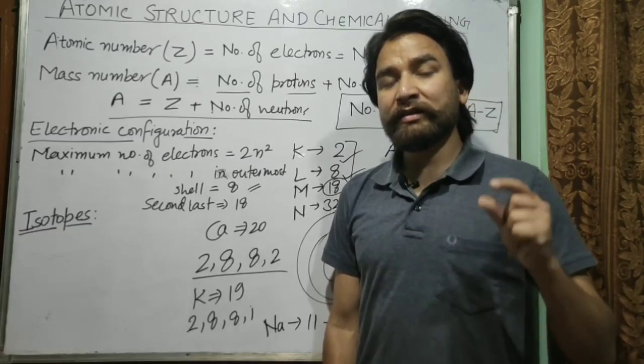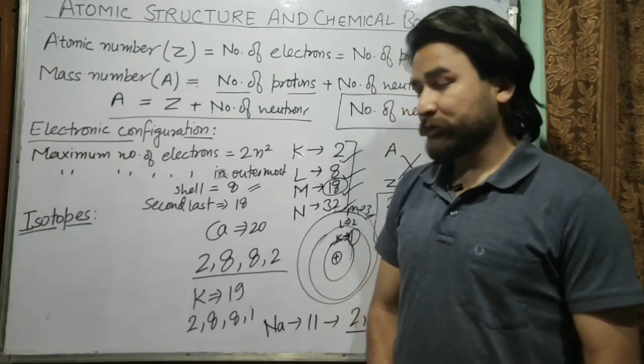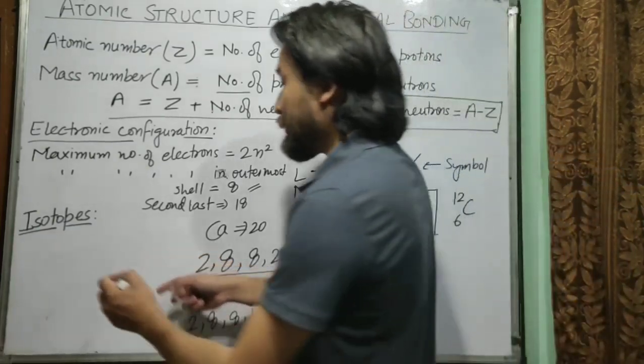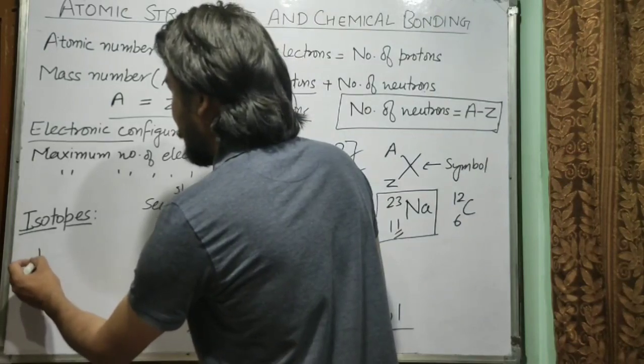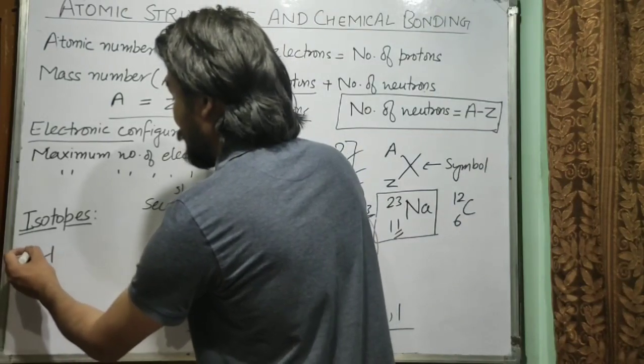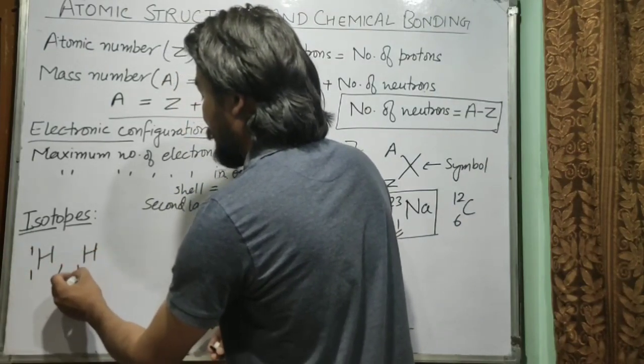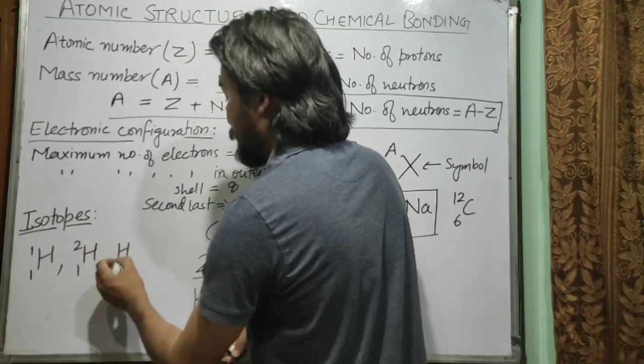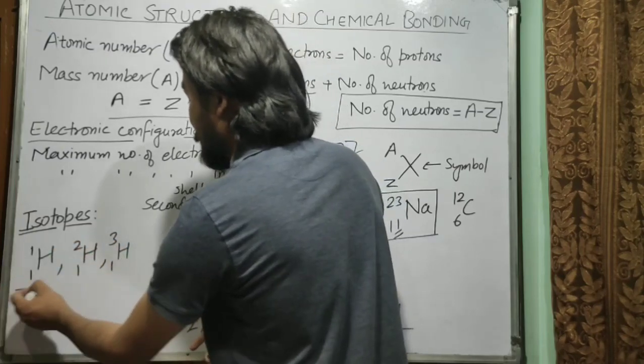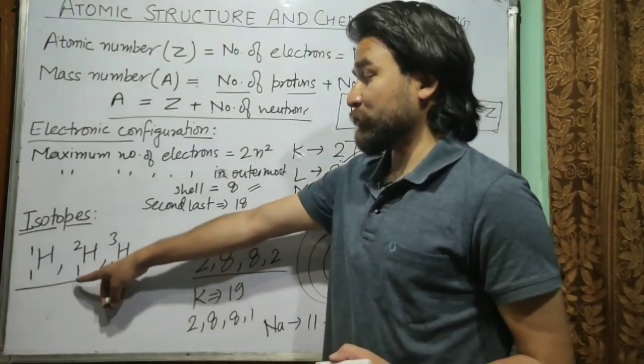So these atoms are called isotopes. Let's see some examples. The isotopes of hydrogen are denoted as H11, H12, H13. So these are 3 isotopes of hydrogen.